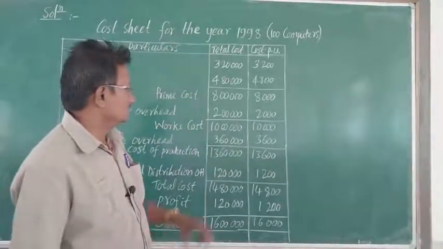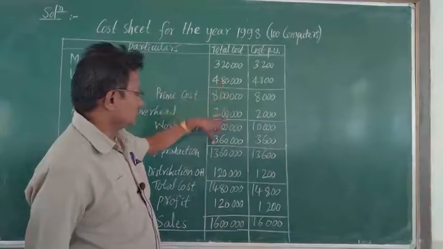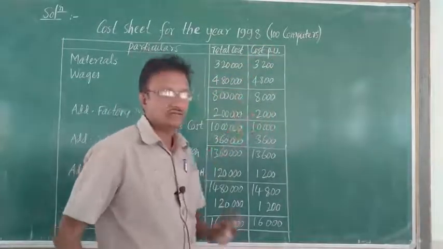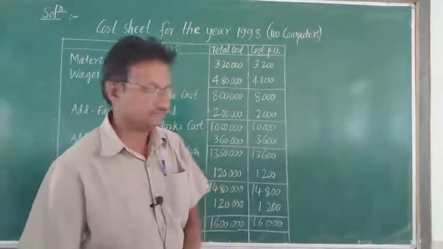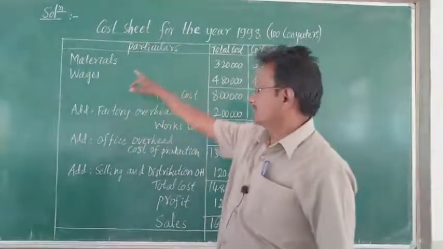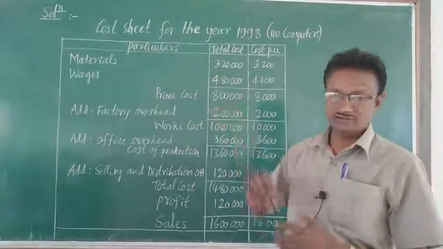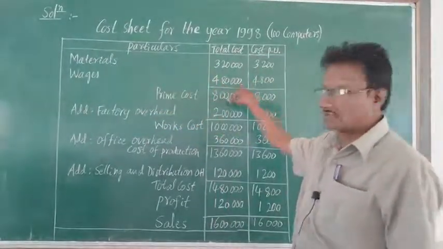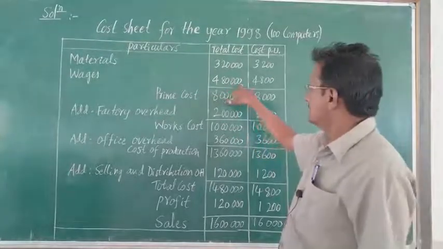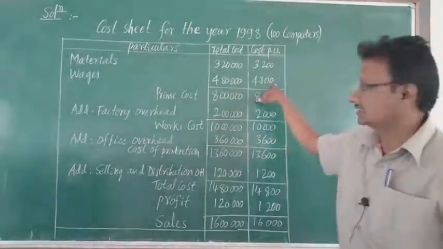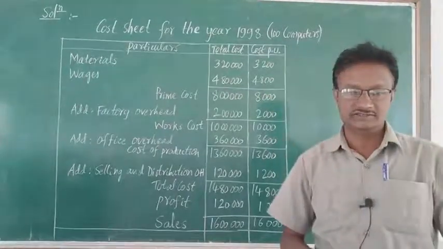Like this, every total cost is divided by 100 computers to get the cost per unit. Next, after the material cost, take direct labor cost or wages. Wages cost is 4,80,000 and per computer it is 4,800.